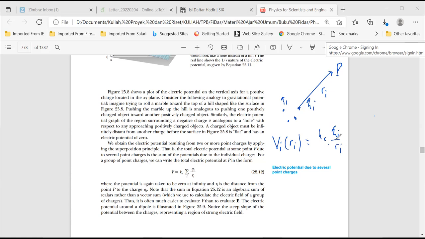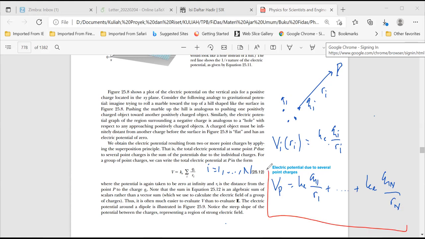If there are many charges, i from 1 to n, you just sum the potentials. The total potential at P is k Q1 over R1 plus, until Qn over Rn. This formula simplifies to this one.